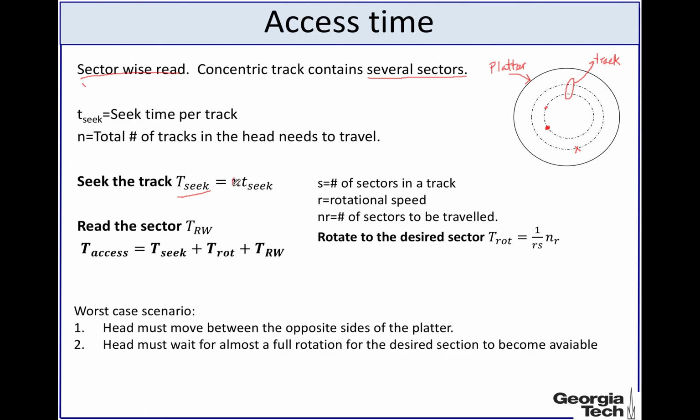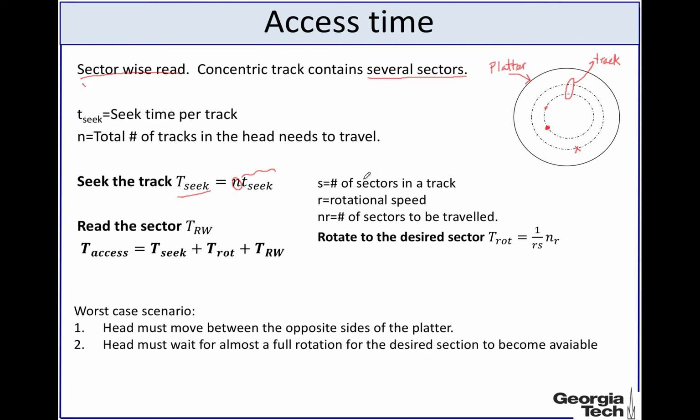And what is n? N is the number of tracks that you need to traverse to go from the initial track to the second track, and t sec is the amount of time that is required to move the head from one track to another one. So this capital T sec is the time required to move the head from the initial track to the desired track.